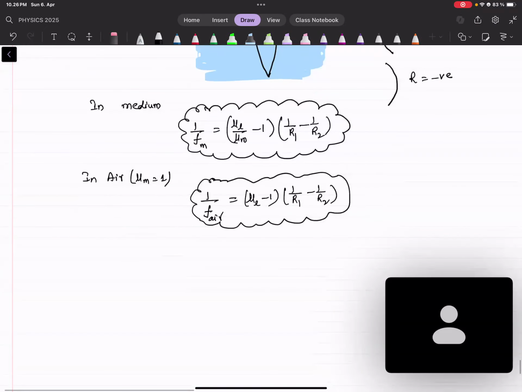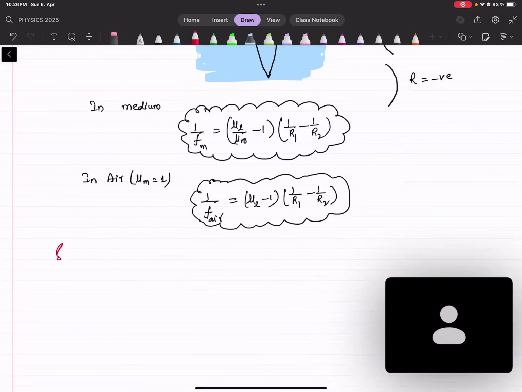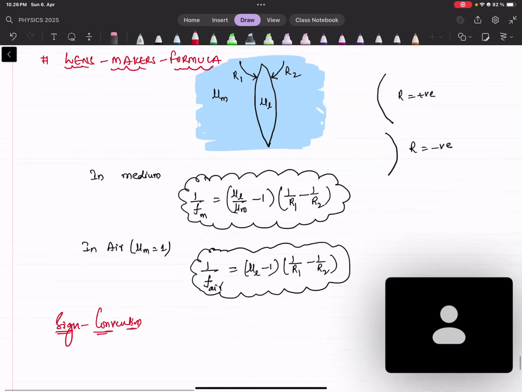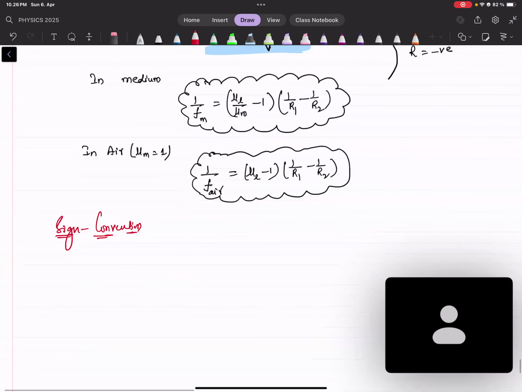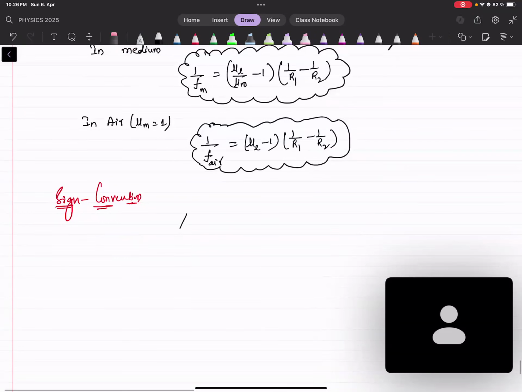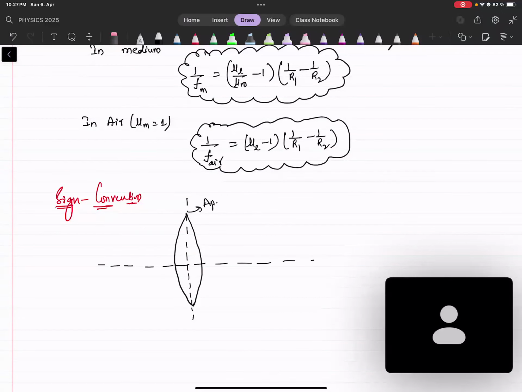Now see, if I'm talking about the sign conventions. All the distances are to be measured from the pole. This one is known as aperture. This one is known as the principal axis. This diameter is known as what for me?